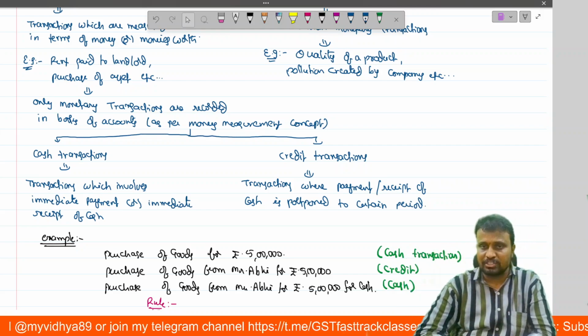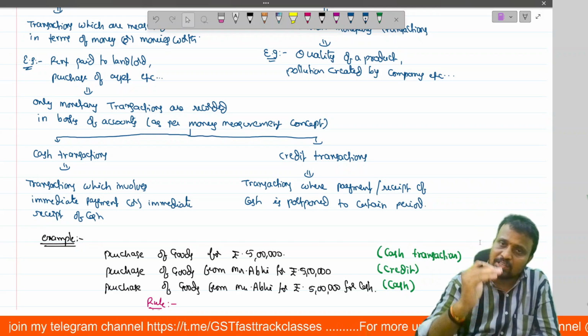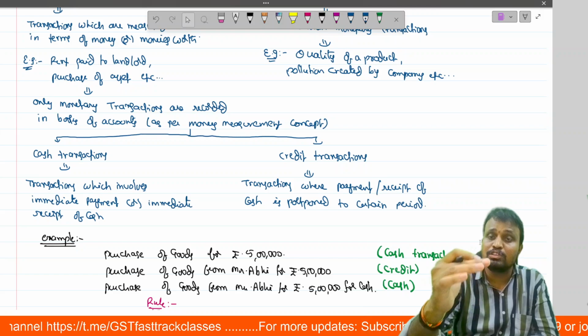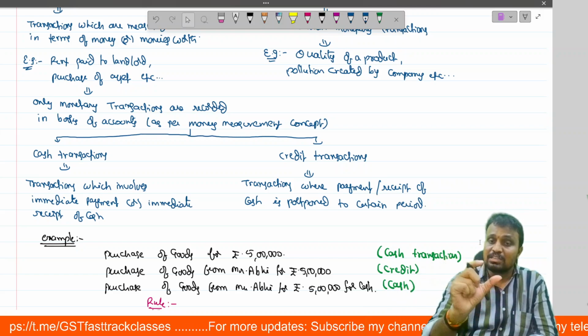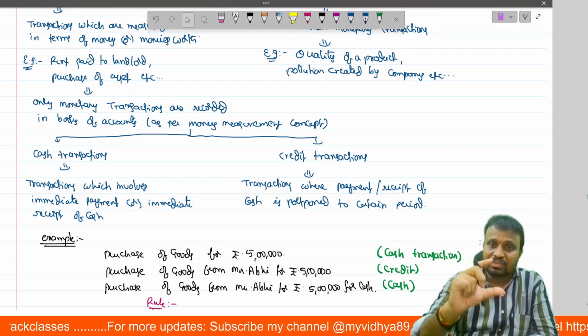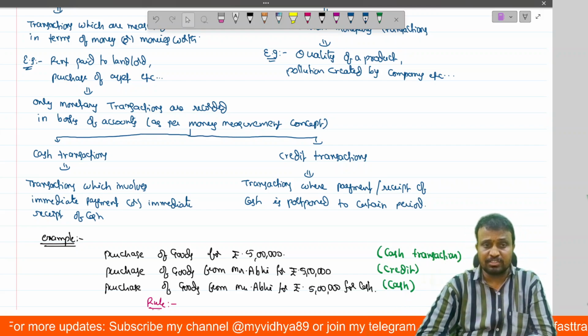That is a cash transaction. But if you purchase the product and tell the party, I will make the payment after 1 month or after 2 months or within 15 days, here the payment of the cash is postponed to a certain period, and that is a credit transaction.